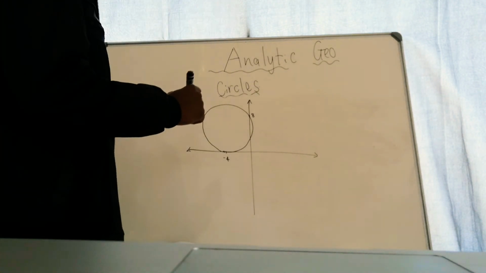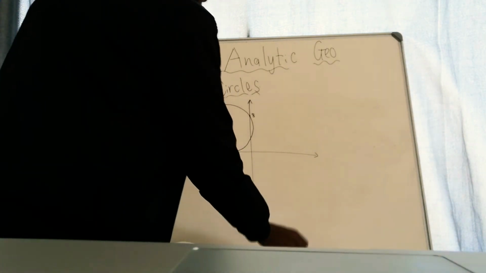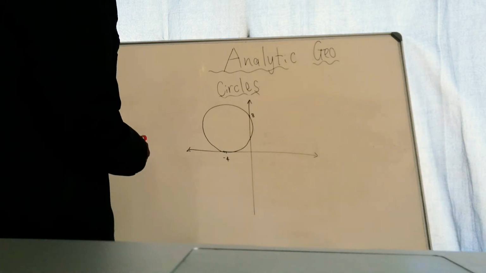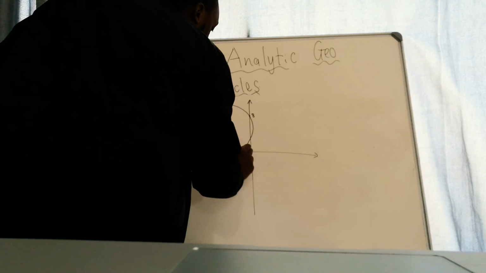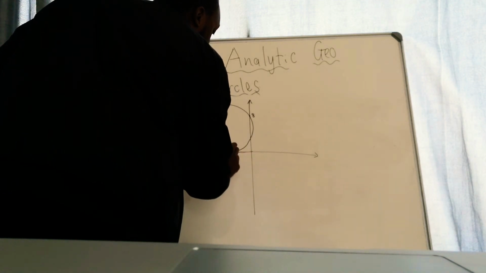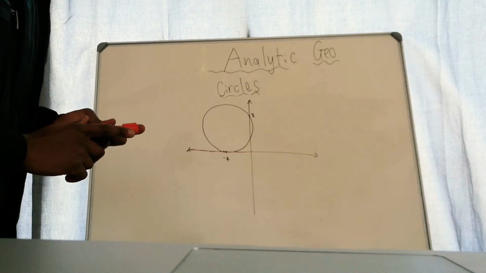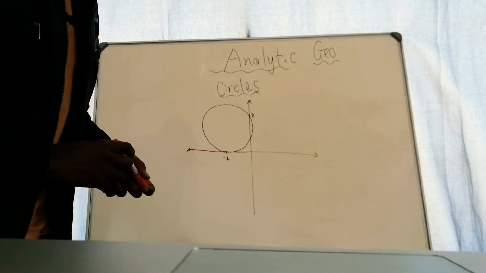So what I'm going to do is use my knowledge of circles and tangents. I know for a fact that that guy touches my circle only once, right? And right there where it touches is the same point that I'm given there, the -4.